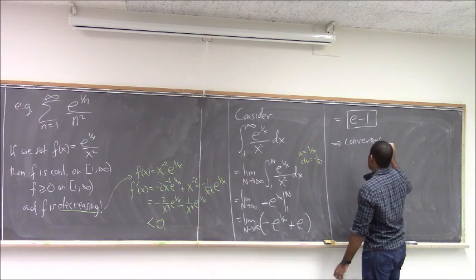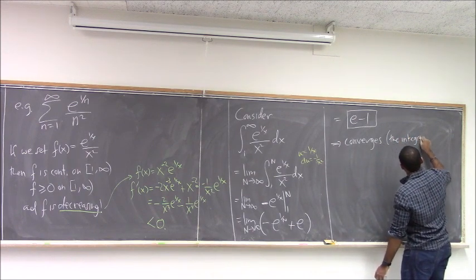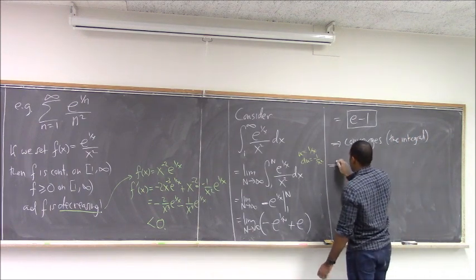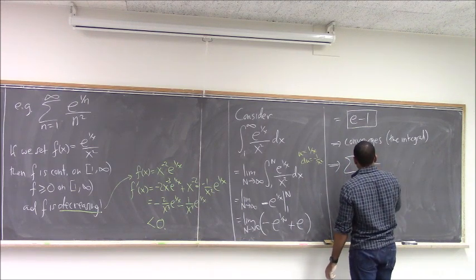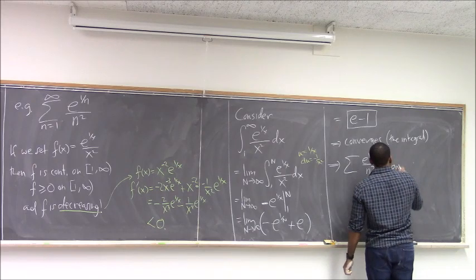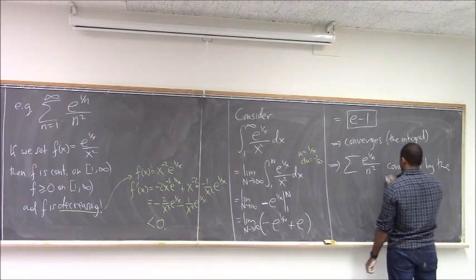The improper integral converges. But that means the series e to the 1 over n squared converges by the integral test.